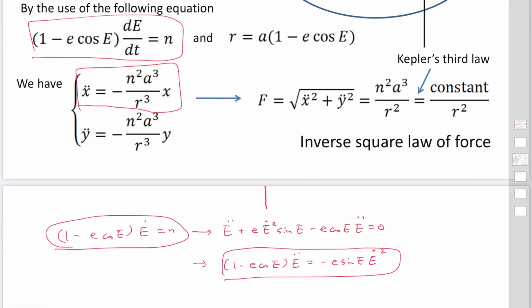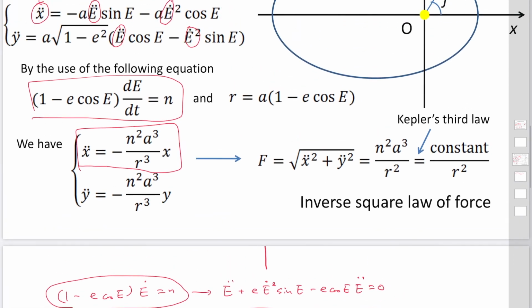Substitute back into y double dot, and find y double dot.